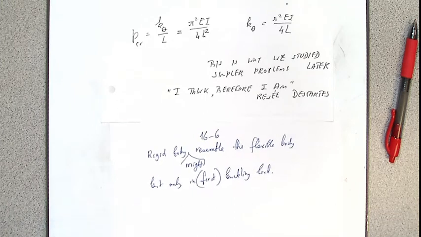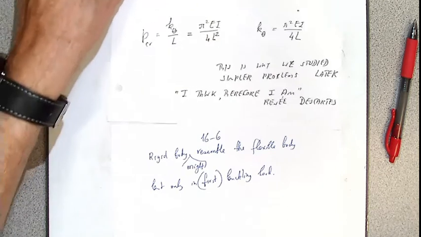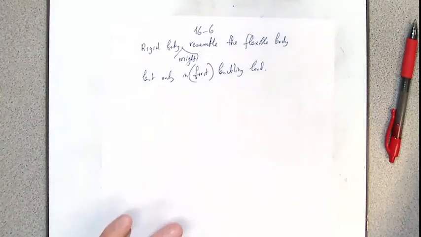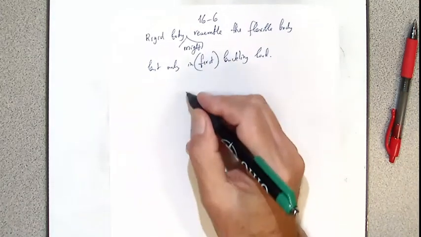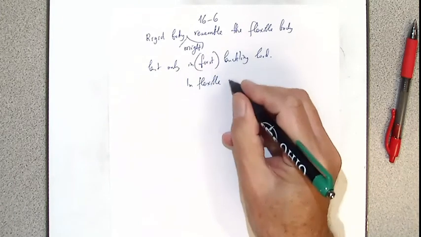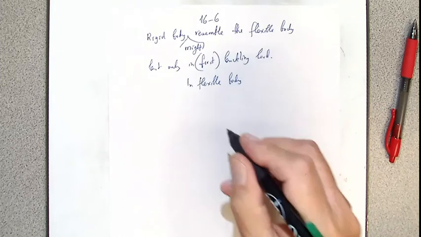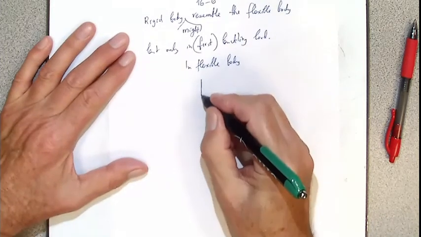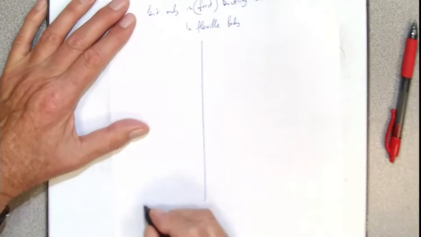Okay? We can establish only connection with first buckling load. In flexible body, the displacement looks like this.